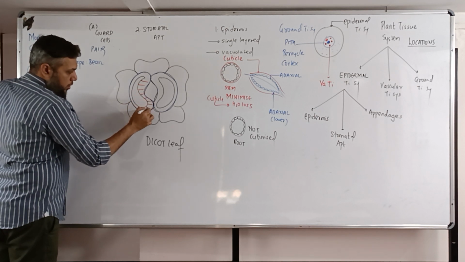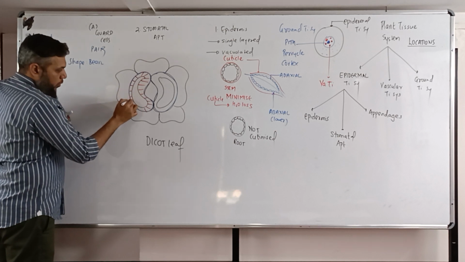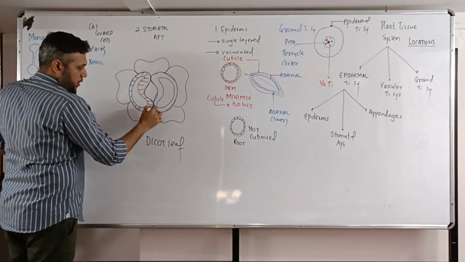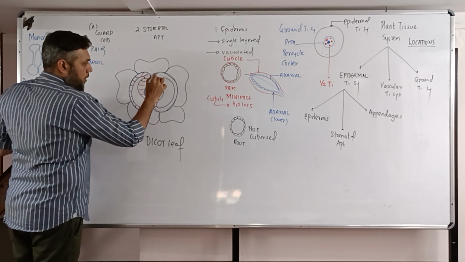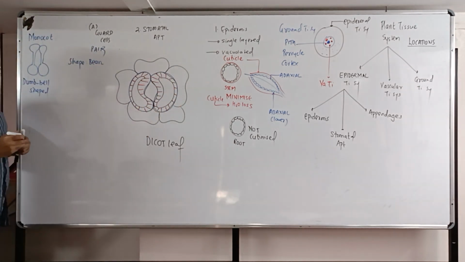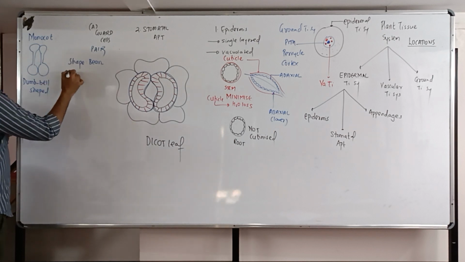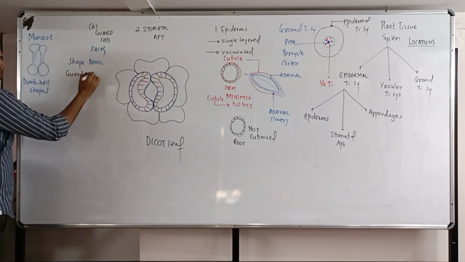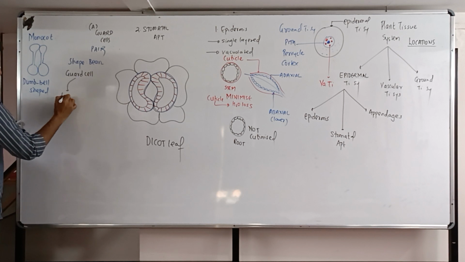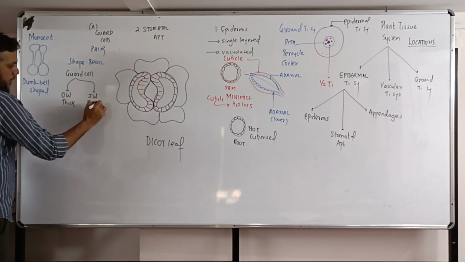The inner wall is thick and the outer wall is thin. Did you hear this point? What did I just say? That in the guard cell structure, they have outer walls which are thick and inner walls which are thin.